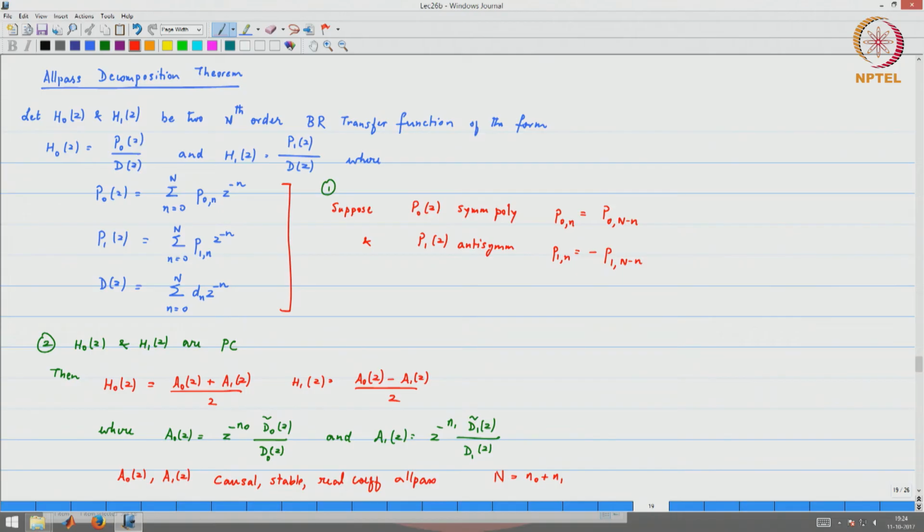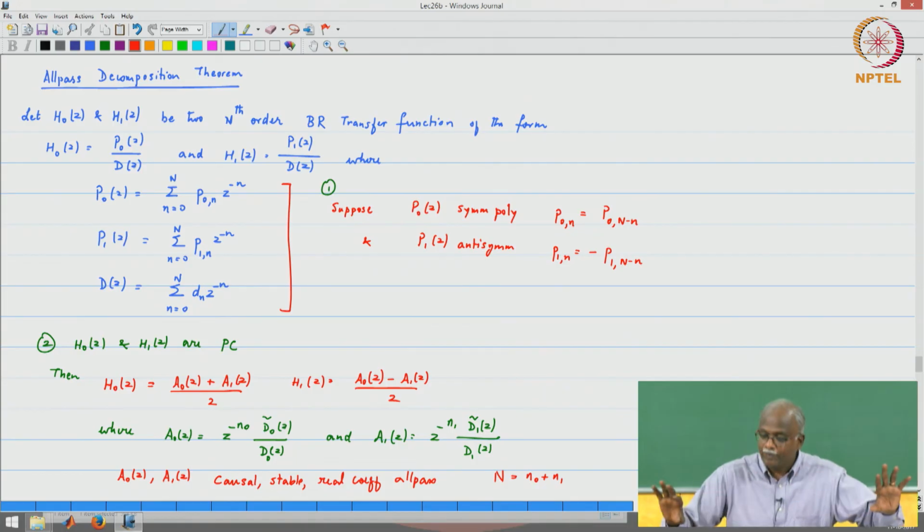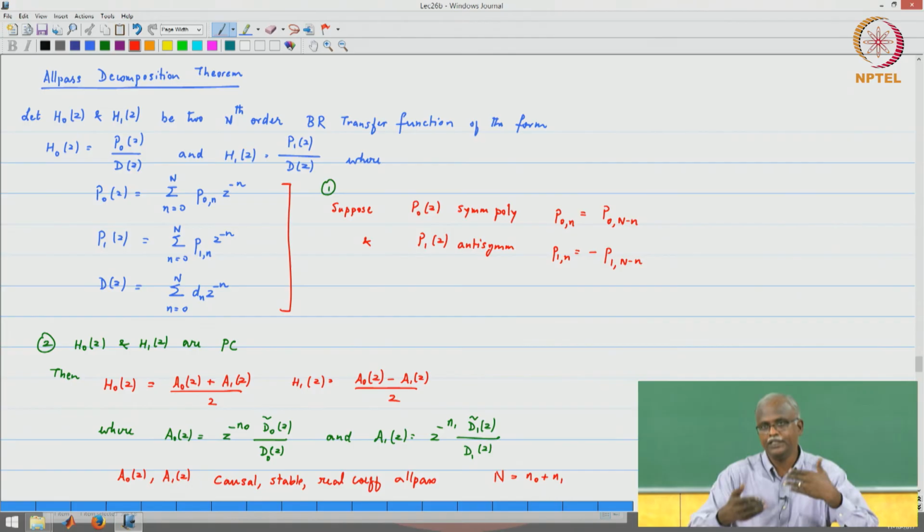So this is a useful result in the context that we have been able to develop a couple of interesting concepts where we talk about separation of zeros inside the unit circle, outside the unit circle, and then the factorization, and then how to get the results from there.